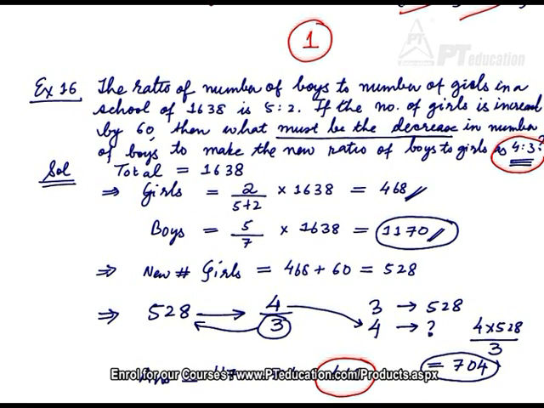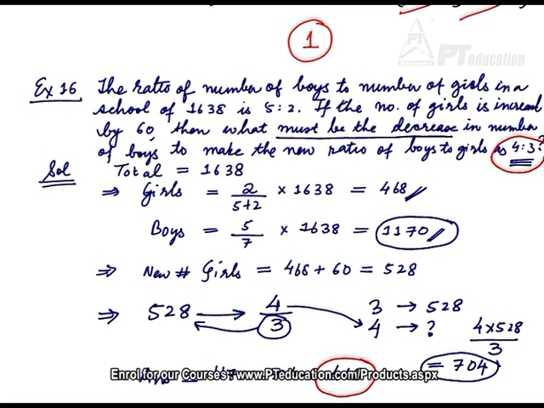But originally how many boys were there? 1170. And what is asked in the question? What should be the decrease in the number of boys? And so the answer will be 1170 minus 704, which will be 466.